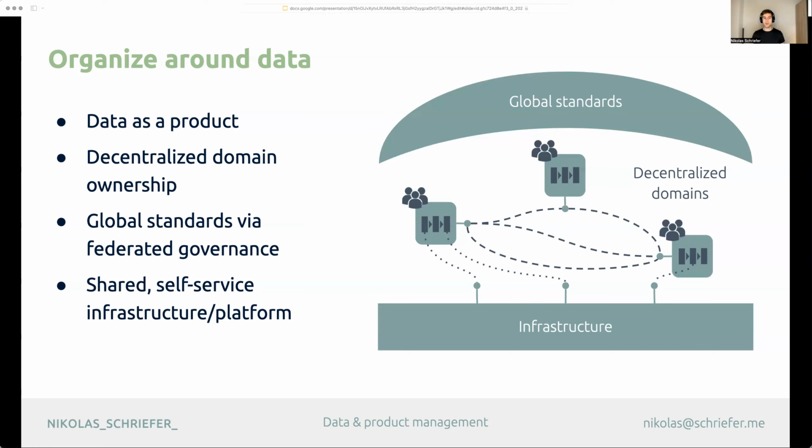Global standards by federated governance is also an important piece of what Zhamak talks or writes about. So we can't have anarchy, of course. So we want decentralized ownership. However, we also need to meet some standards to ensure that the data is interoperable. That's the main concept here, so that the different domains can speak to each other, can communicate, usually via some kind of API layer.